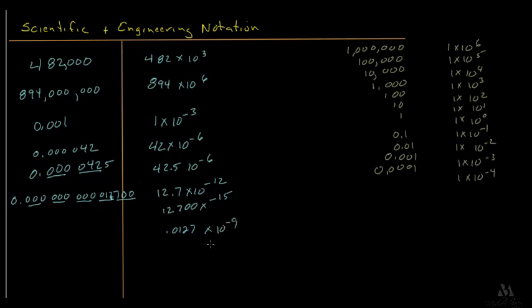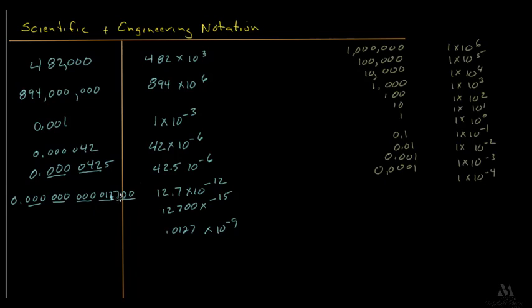Most of the time, though, you're going to look and see that, hey, I've got a 12 here. When I do 3, 6, 9, we'll probably choose 12.7 times 10 to the negative 12th.